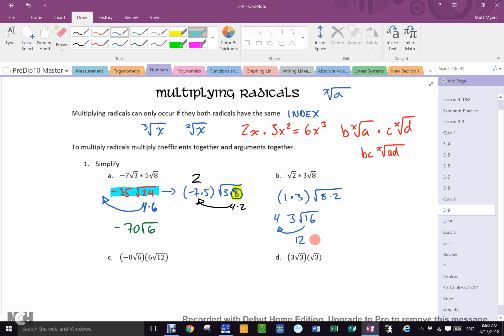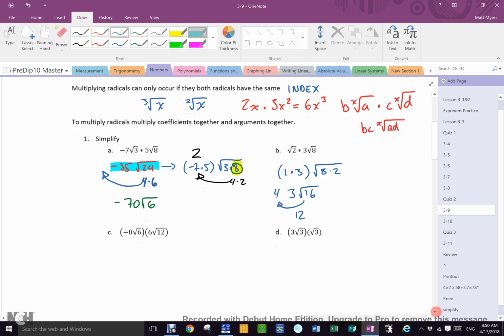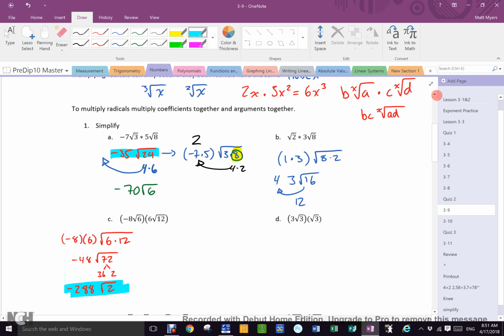Everyone good? Okay, you do the next one. Do C. Did everybody get that for C?